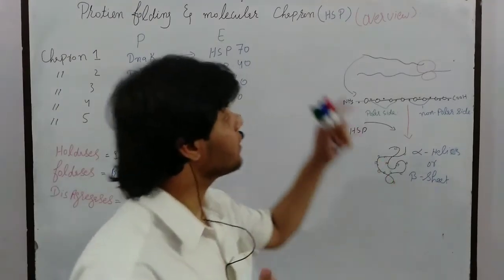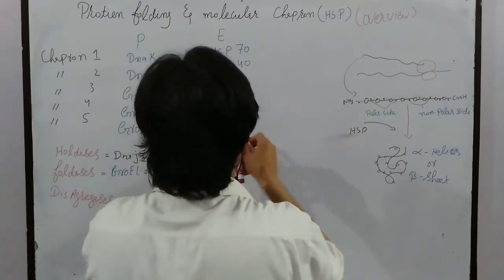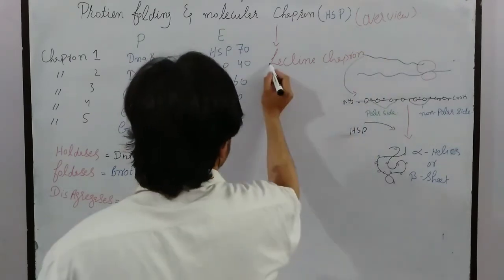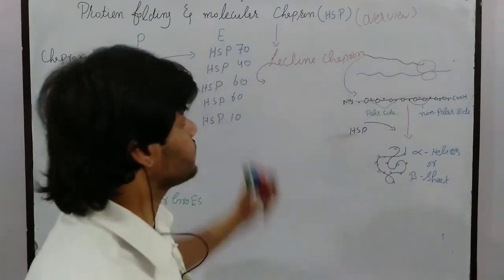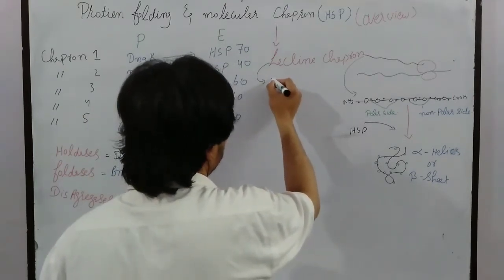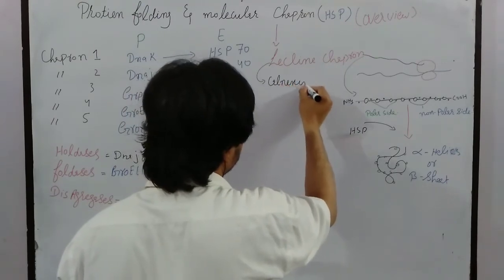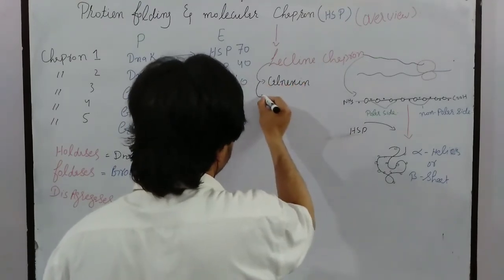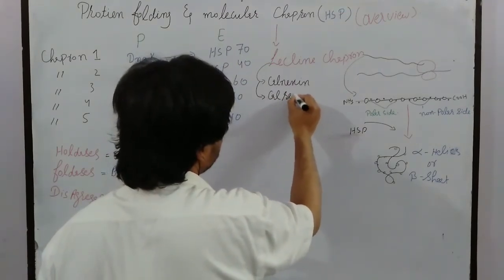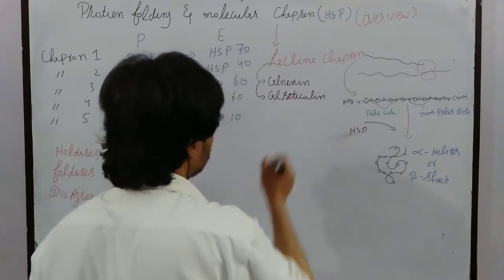Then we have some other chaperones, we call them lectin chaperones. There are two types of lectin chaperone. One we call Calnexin, while the other we call Calreticulin.